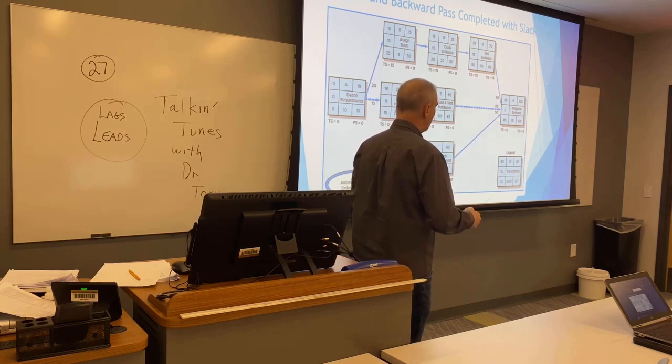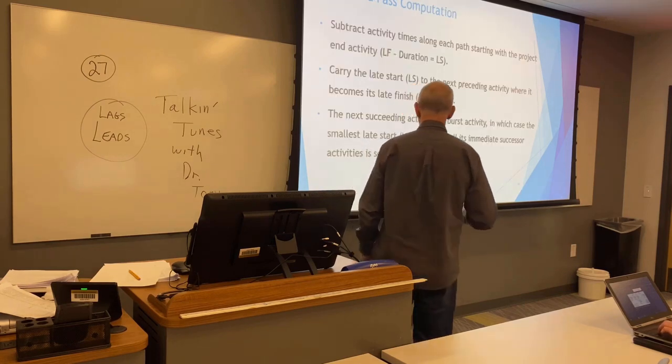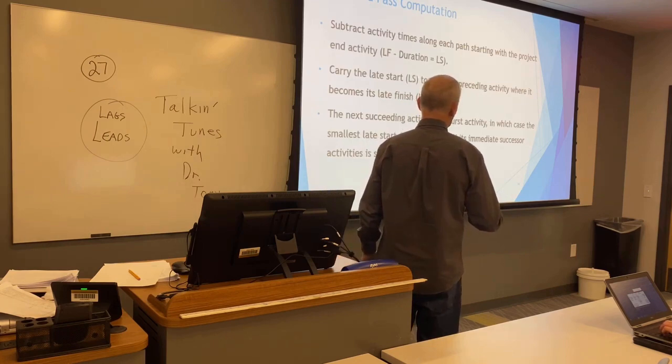All right. So we already wrote down the latest start equals the latest finish minus the duration. 100 minus 15 is 85. Okay? Everybody got it? Now, here's another rule. You're going to carry the latest start to the next preceding activity where it becomes the latest finish.